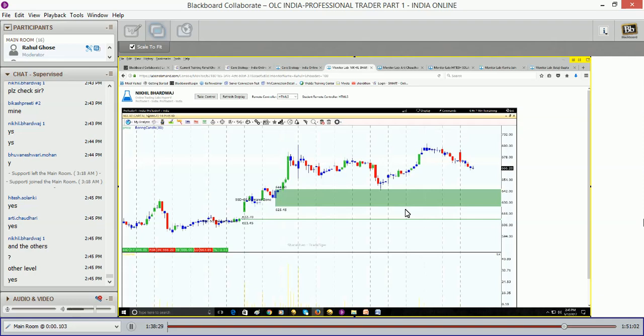Remove and check if the second level is tested. This one, can you see prices have come back again here, Nikhil, and again zoomed up? So this is also tested.